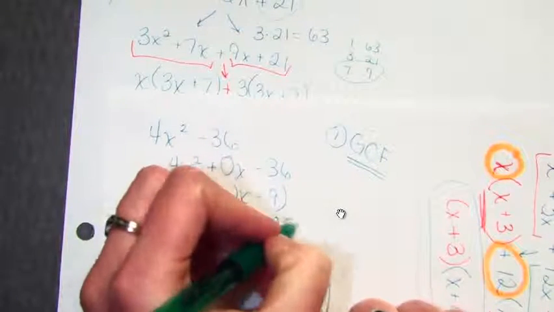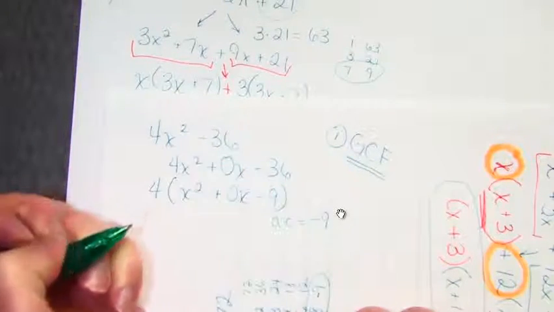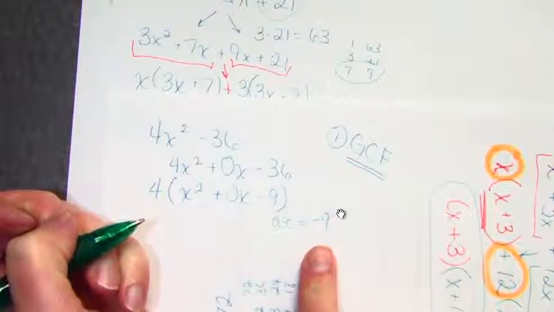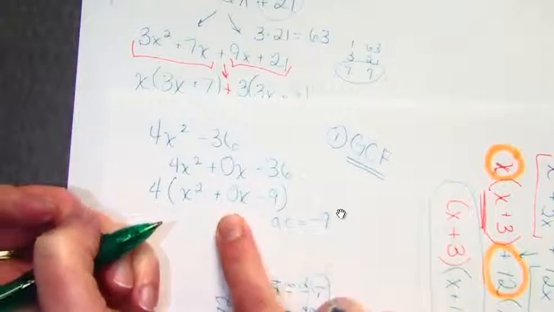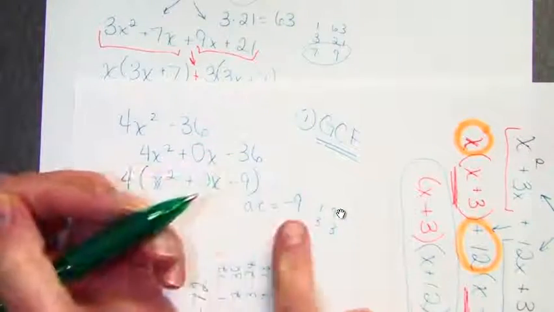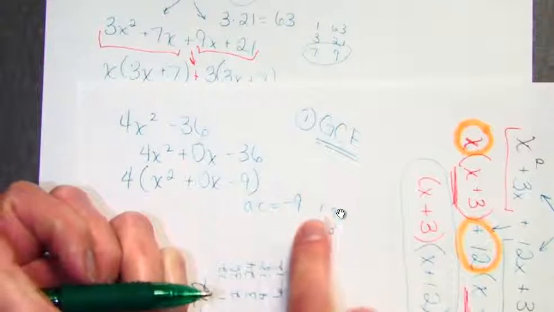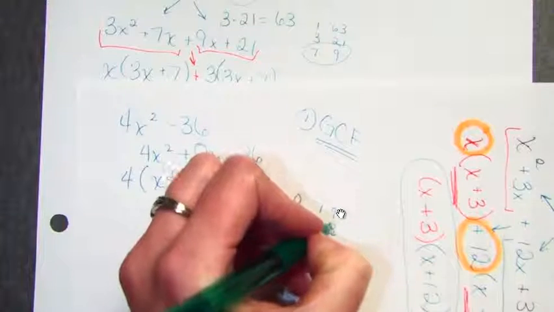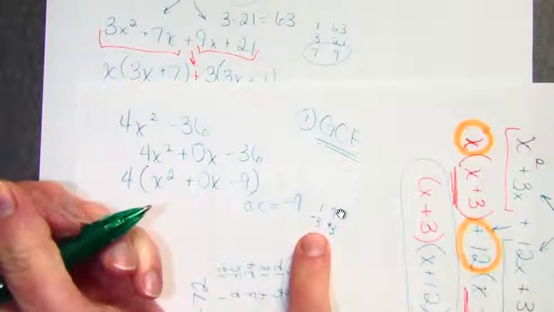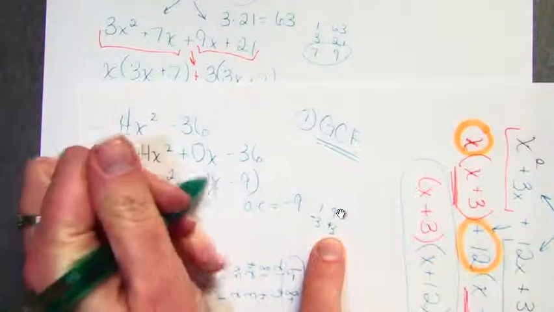A times C is -9. I need numbers that multiply to -9, but add to 0. 1 and 9, 3 and 3. I need them to multiply to a negative, so one or the other has to be a negative number. And I see that -3 and a +3 lands me at 0.